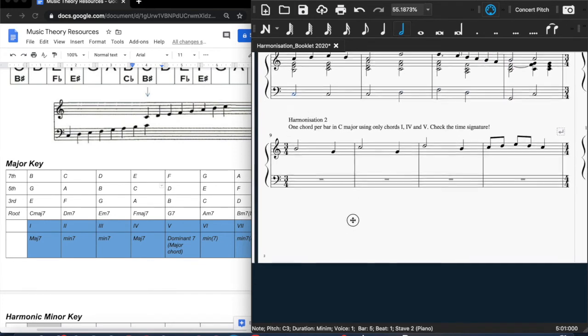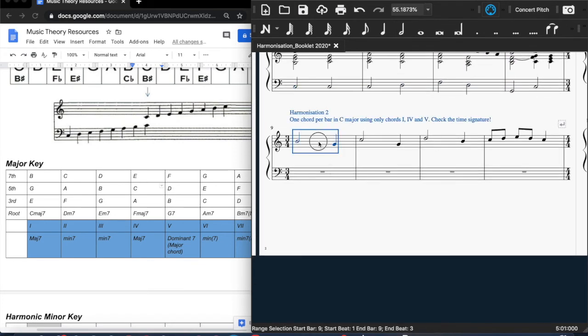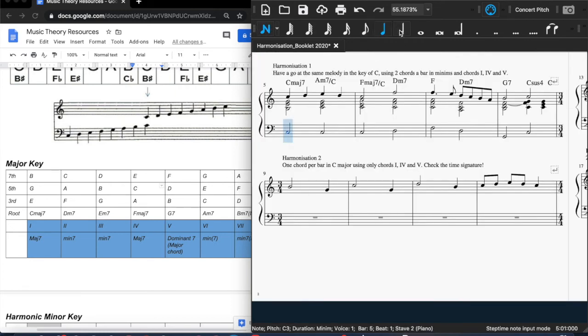With inversions, it is quite good to start with them to begin with. So for instance, this chord here looks like a G, so I could stick a G in like that. And then this looks like a C chord. So what we could try is go for a C, and then this looks like it could be a few chords, but it could be a G chord, and then this could be an A minor chord.